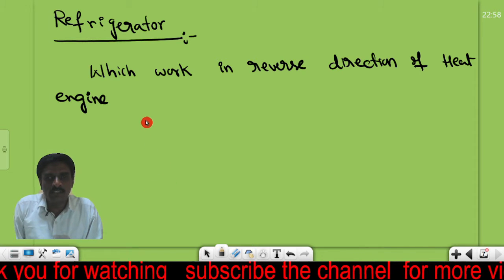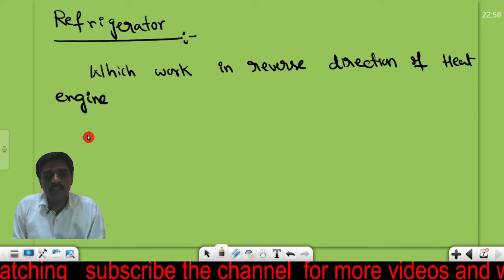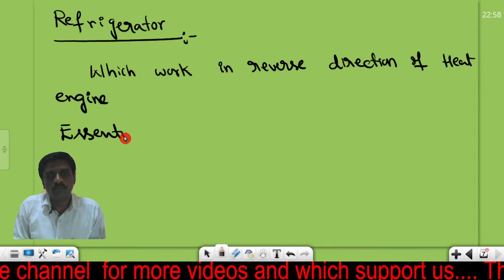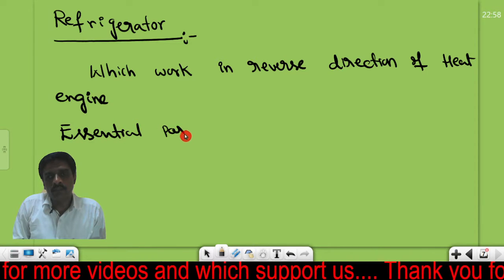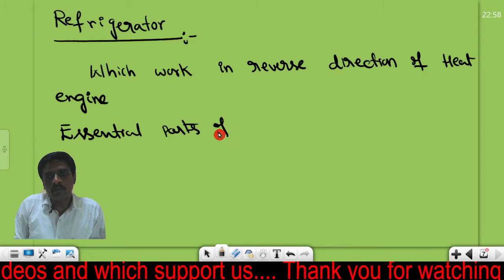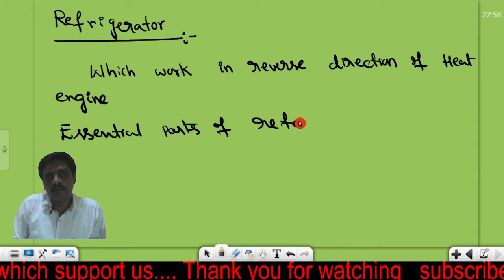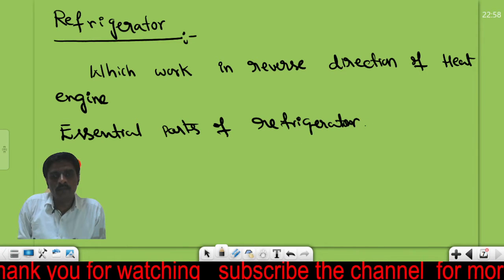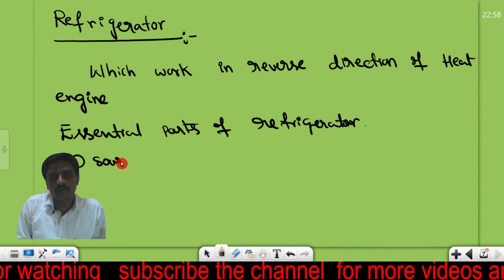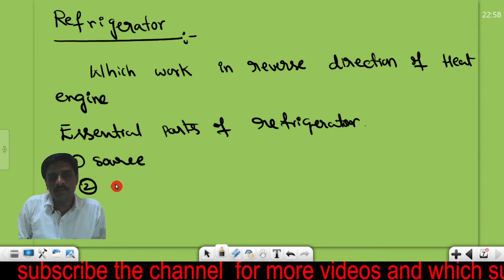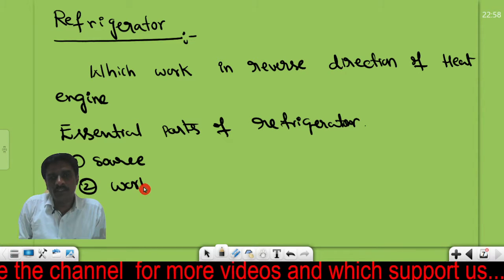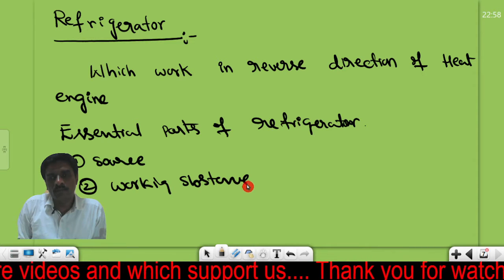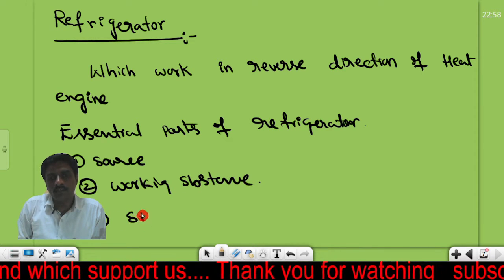Heat engine, what are the essential parts? The essential parts of a refrigerator are: first one is the source, second one is the working substance, third one is the sink.